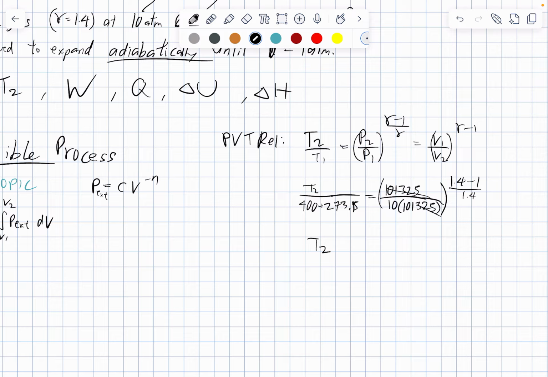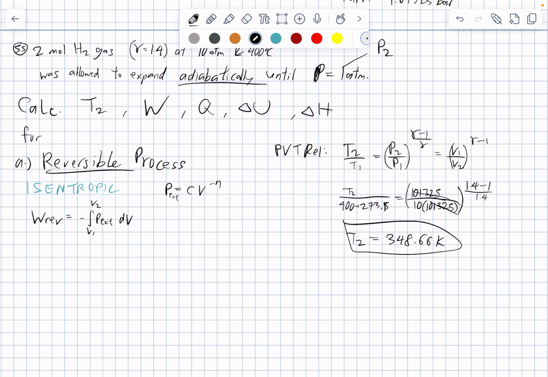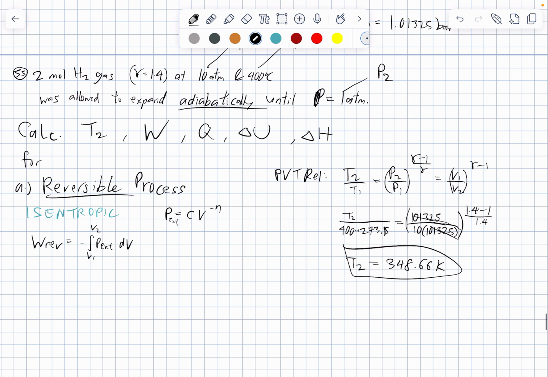Actually, the 101,325 just cancels, so just 1 over 10 will be okay. 348.66 Kelvin. Okay. We have already found the final temperature.